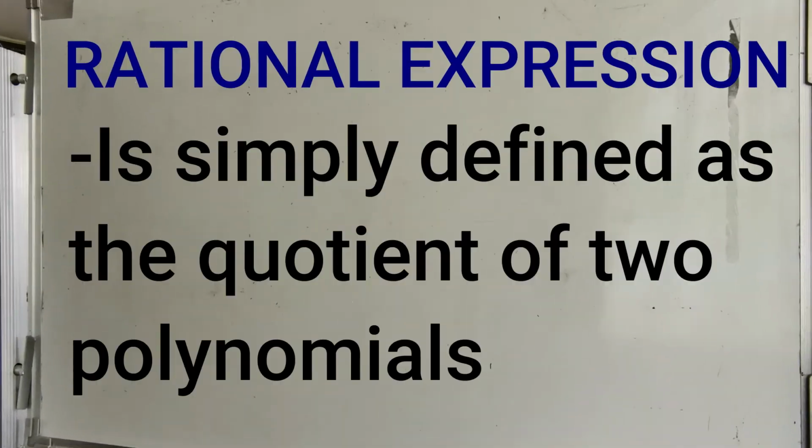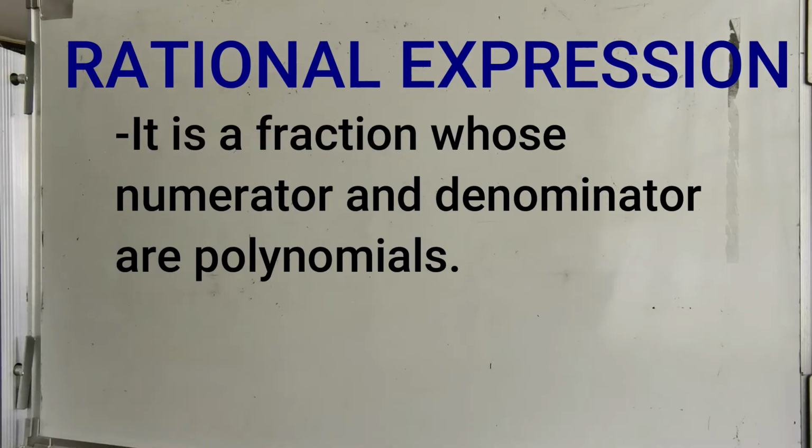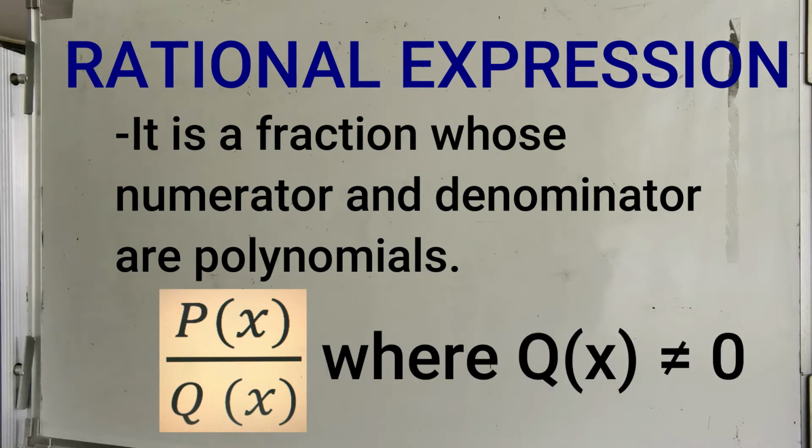So when we say rational expression, it is simply a quotient of two polynomials. Okay, so in other words, it is a fraction whose numerator and denominator are polynomials and represented as p of x over q of x, where q of x should not be equal to 0.